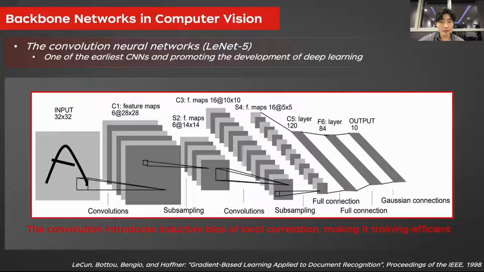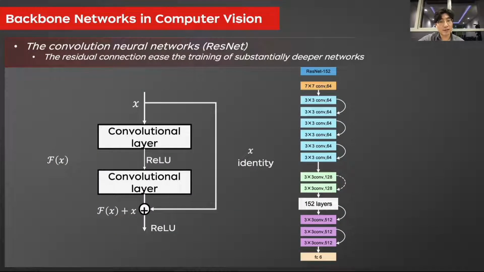In 1998, Yann LeCun presented the earliest CNN named LeNet-5. The convolution neural networks introduce inductive bias of local correlation, making training efficient. After that, the residual connection makes it possible for neural networks to be very deep and enables the training of substantially deeper networks.